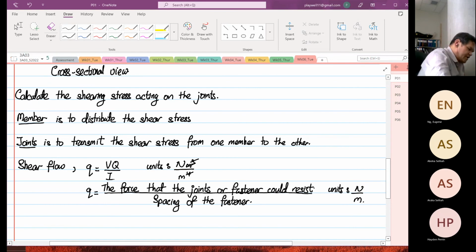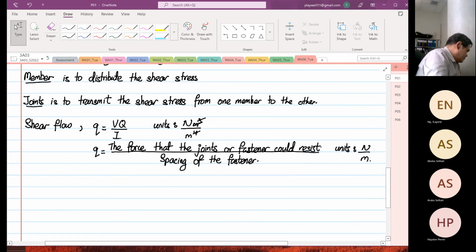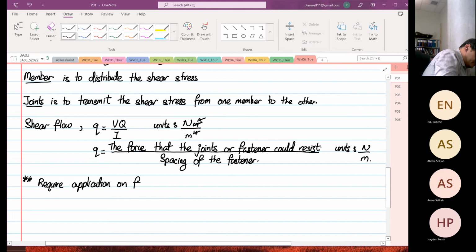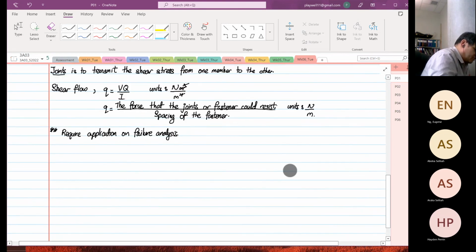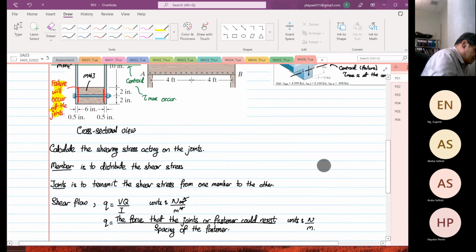For this topic, the most important thing is that you require application on failure analysis. So I'm going to work on an example and apply what we learn.